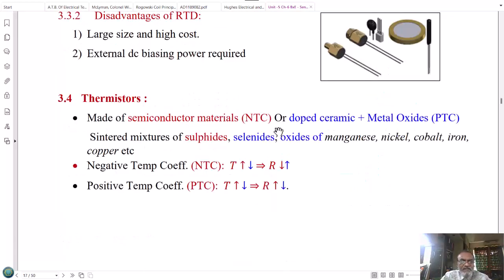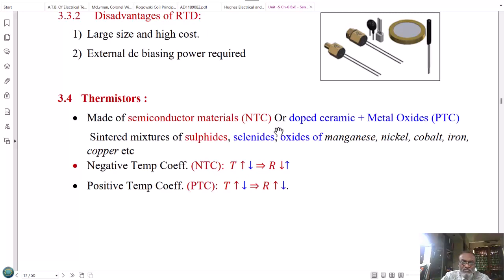temperature sensor is the thermistor. Thermistors are made with semiconductor material and they have a negative temperature coefficient of resistance. They can also be made of doped ceramic plus metal oxides.